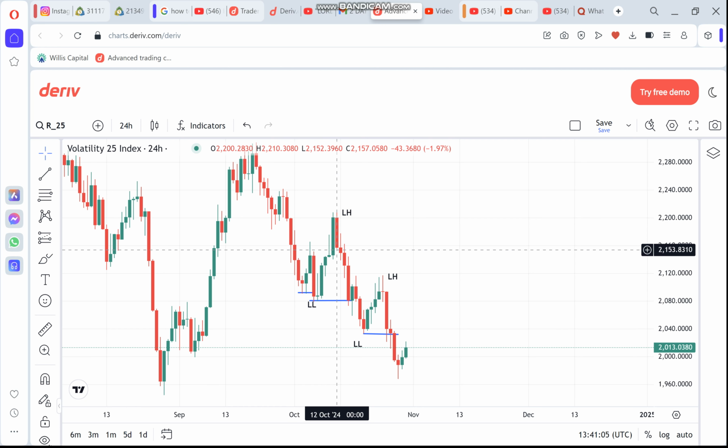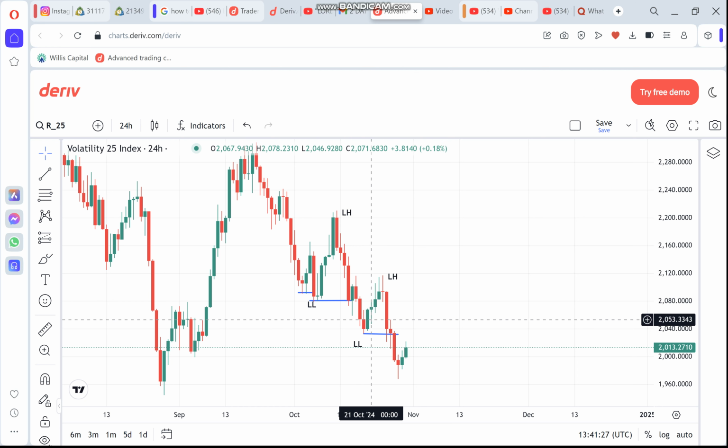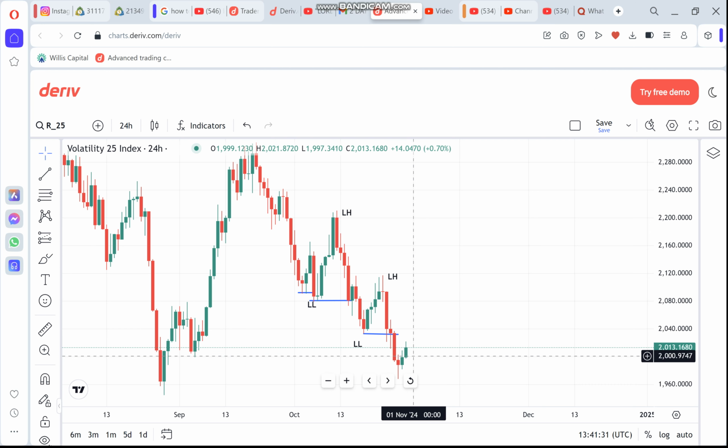I don't know who came up with this concept, but what I know is that when you have more than 3 candles consecutively closing below one another in a bullish market, or closing above one another in a bearish market, that is a valid pullback or retracement. Likewise here, we have 1, 2, 3, 4 candles, and so on.